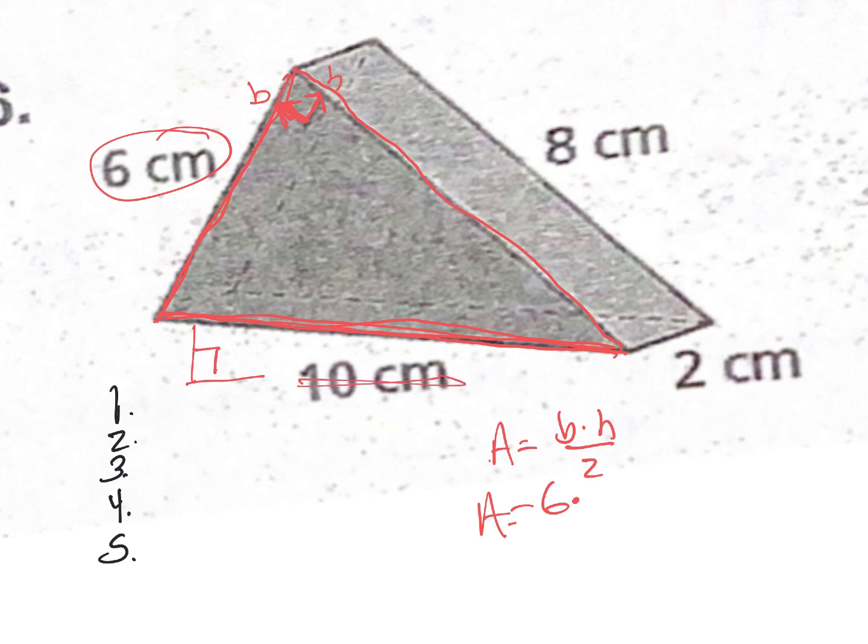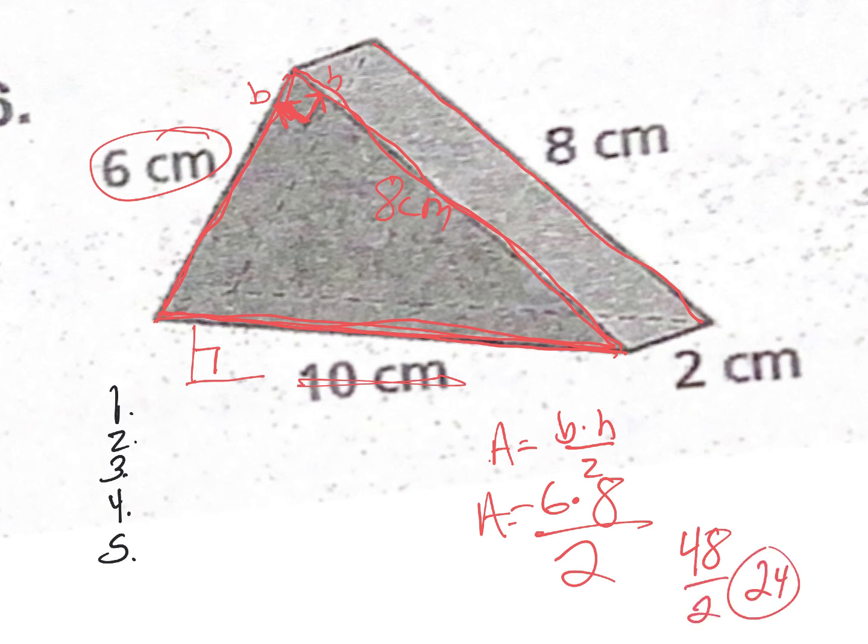So I don't need this 10 for this one, but I do need this right here. And I have to go over here to get it. If this line is 8 centimeters, so is this one. So 6 times 8 divided by 2. That's 48 divided by 2, which equals 24.